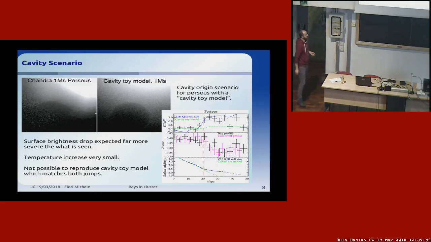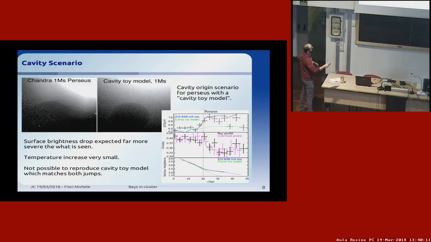So they start studying the possibility of the cavity scenario, so the AGN bubble scenario. They use a cavity toy model and compare it with the Chandra observation. They see that the surface brightness drop expected is far more severe than what is seen.